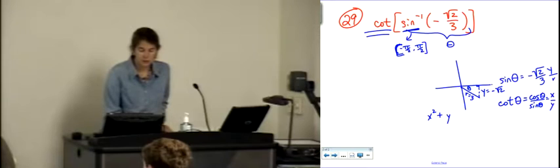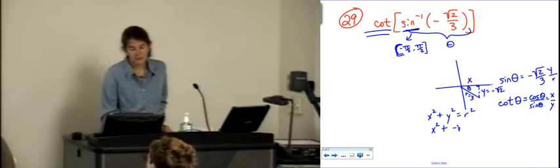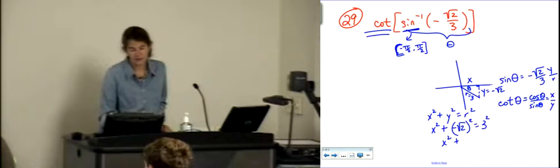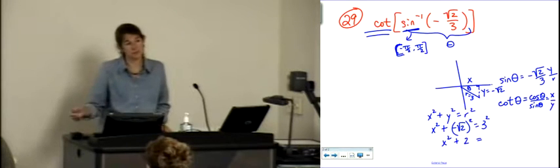So x squared plus y squared is r squared. X is what I don't know. So x squared plus negative square root of 2 squared is 3 squared. Negative square root of 2 squared is just 2, because the negative squared becomes positive.